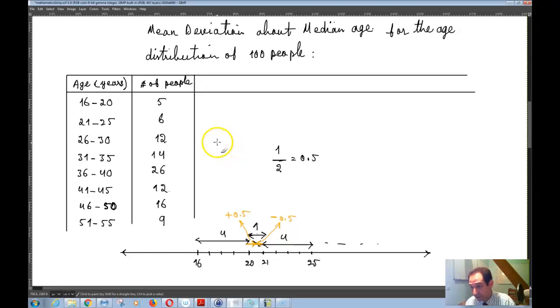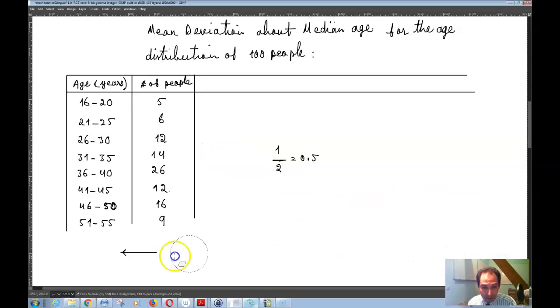So that's basically what we need to do. Now let's rewrite these classes with this new scheme and see what we get. If I rearrange my classes, suppose I subtract 0.5 from the lower limit and add 0.5 to the upper limit of each class.